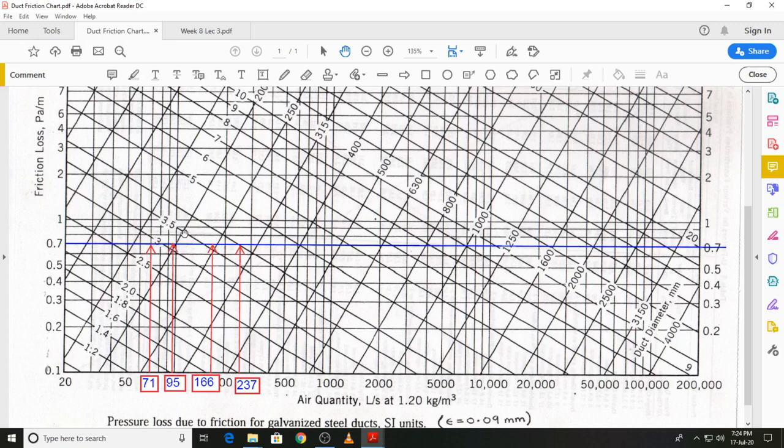Over here this is 3.5, and we are somewhere around 3.25 or 3.2 meters per second. So that is what we have over here.